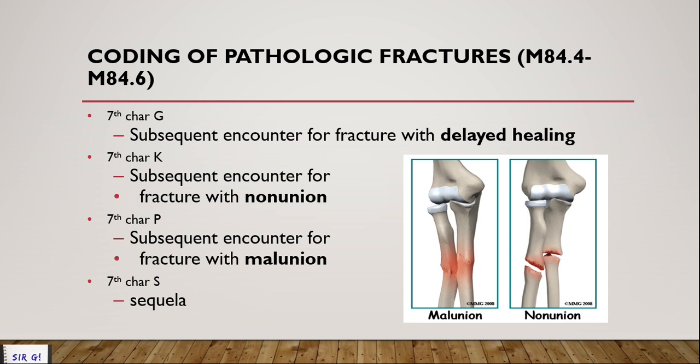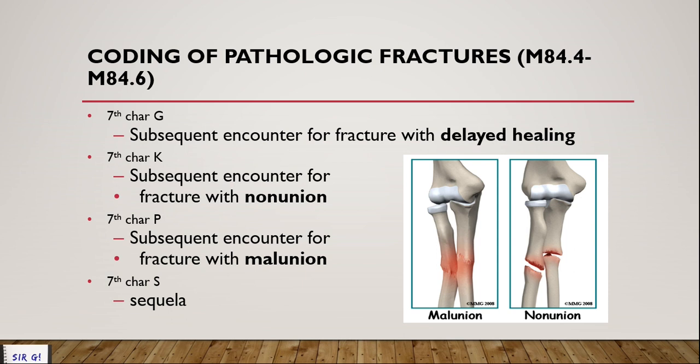Let's start with the first one. If you can see 7th character G, that is subsequent encounter for fracture with delayed healing. If there's a delay in the healing, it should be 7th character G, and this is a subsequent encounter already. We're talking about the treatment recovery phase or the healing phase.